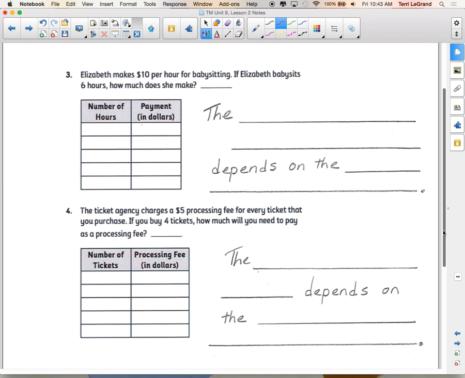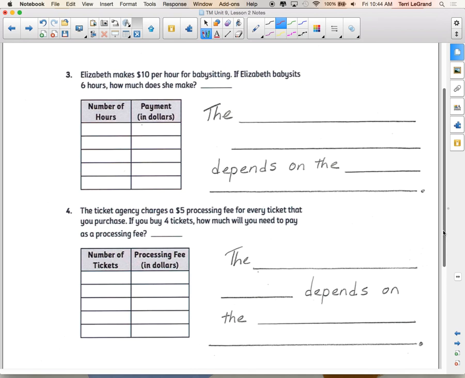What could be the input and what could be the output? They almost spell it out for you if you would listen to what I said previously. Flip over to the other side. What did I say they usually put first in the table? The inputs. And then the other column is the output.